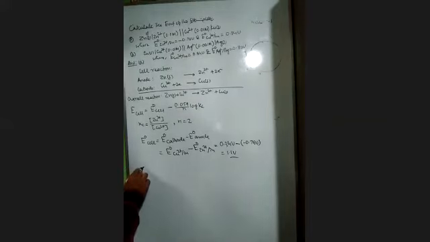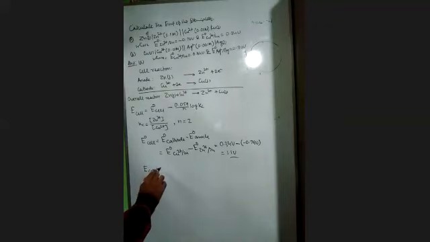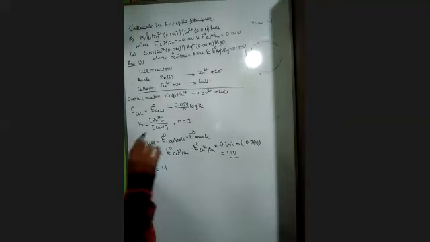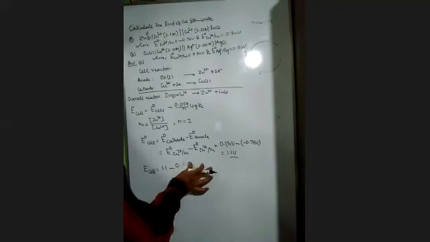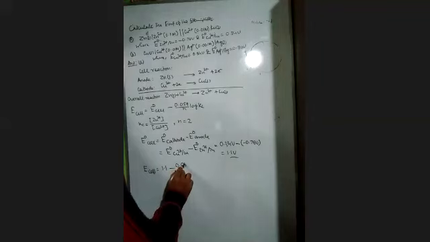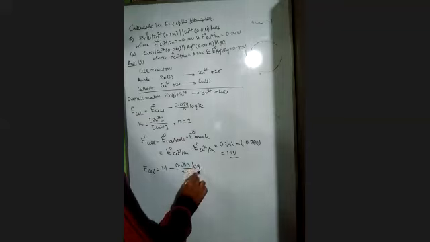Okay, so I'll put this value here. E cell is equal to E0 cell, 1.1 volt, minus 0.059 over n, where n is equal to 2.